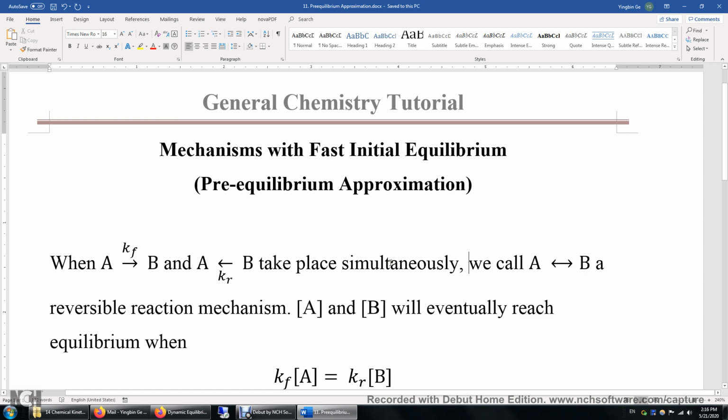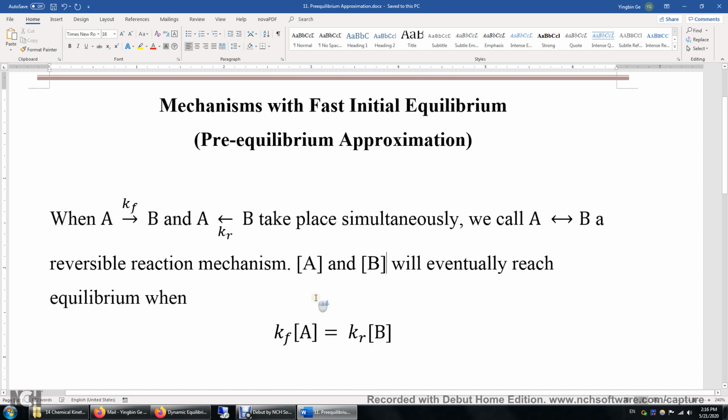In this case, the concentrations of A and B will eventually reach equilibrium. They can be different, but when I say chemical equilibrium, that means the concentrations of A and B will never change after this reaction reaches equilibrium. And why is that?